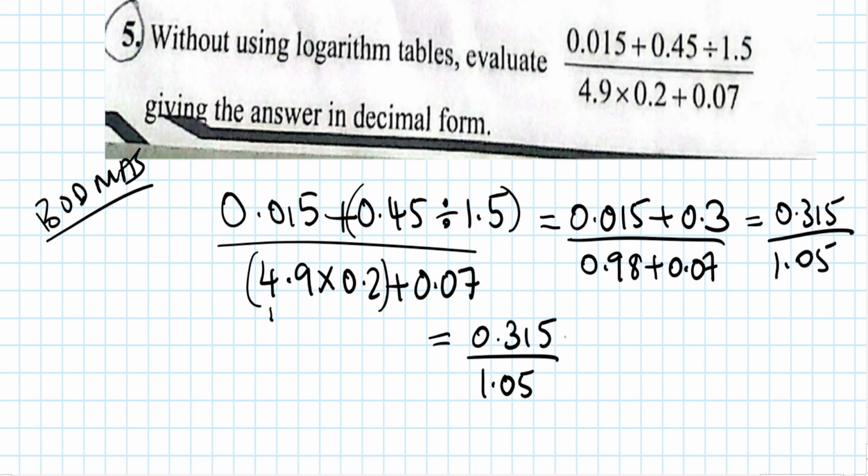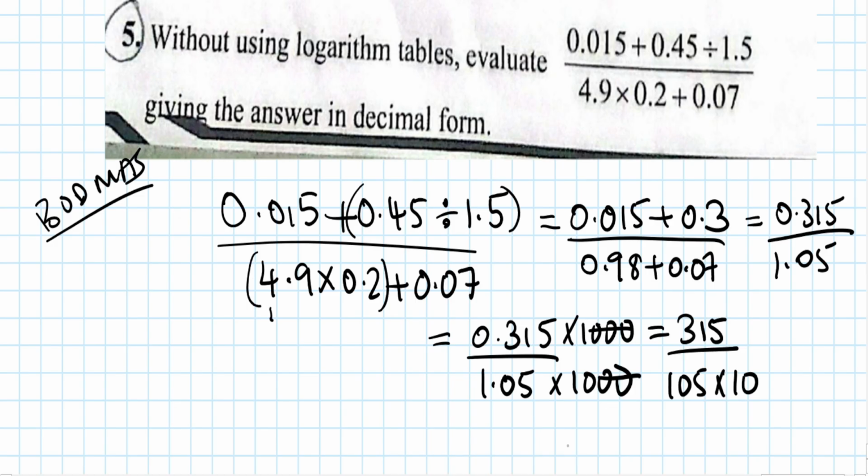Now obviously multiply by 1,000 because the denominator has 3 decimal places. So you're going to get 315 all over 1,050. This cancels out the 0 and you remain with 105.